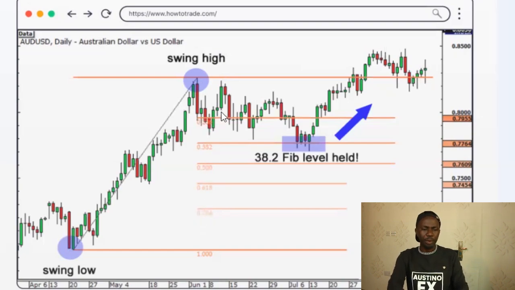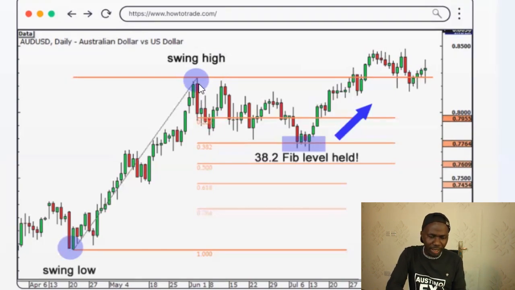So now as the price is making a retracement from this point, what you do is to monitor these levels: 1, 2, 3, 4, 5. These 5 Fibonacci levels, you monitor them to know where the market tends to reverse from.